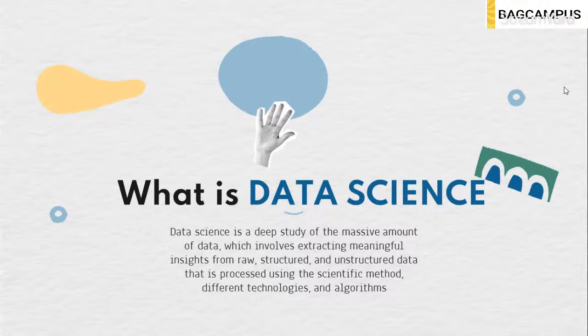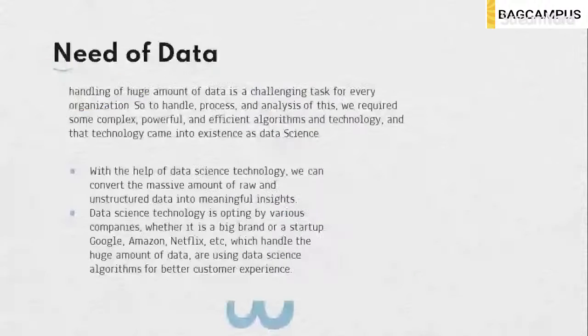We also learned the needs of data science, prerequisites of data science, and tools used in data science. While discussing the needs of data science, we learned that each and every internet user is producing a huge amount of data per minute. So handling such a huge amount of data is a challenging task for every organization.